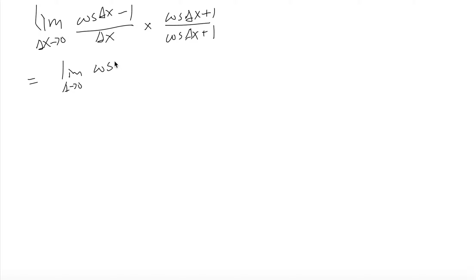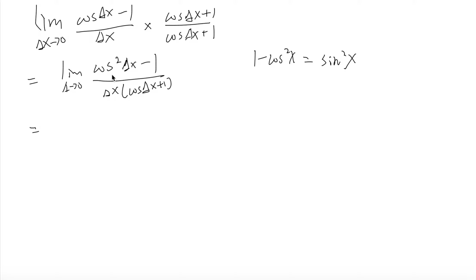So it will be cosine square delta x minus 1 over delta x times cosine delta x plus 1. Since 1 minus cosine square x is converted to sine square x, then obviously cosine square delta x minus 1 will become negative sine square delta x.